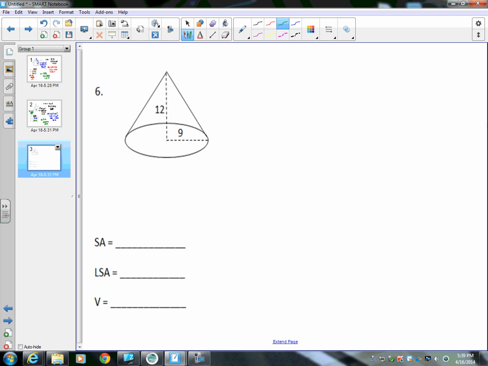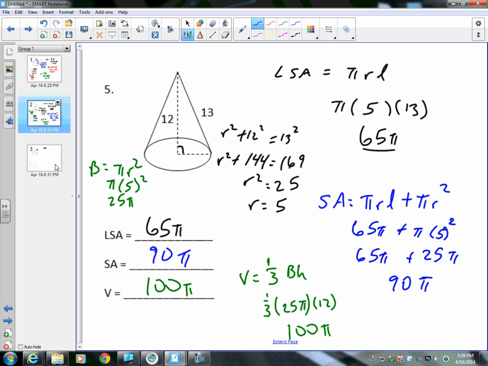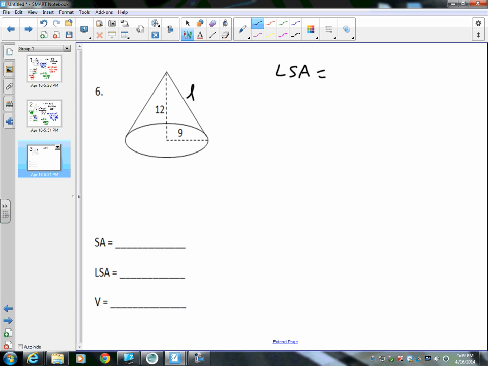Next question. Again, it's a cone. In this case, it gives us a radius and the height, but it doesn't tell us L for slant height. So let's find the lateral surface area again. Lateral surface area on a cone is pi r L. Well, we know what radius is already, 9. L is slant height, but we don't know it, but we can use a right triangle, so Pythagorean theorem, to find it.